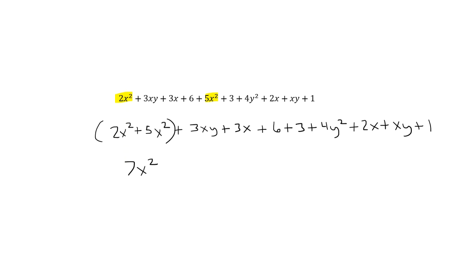So let's do the xy family. So 3xy, and right here, this is just 1xy. So let's go ahead and rewrite this using the commutative property. So these two families are together.